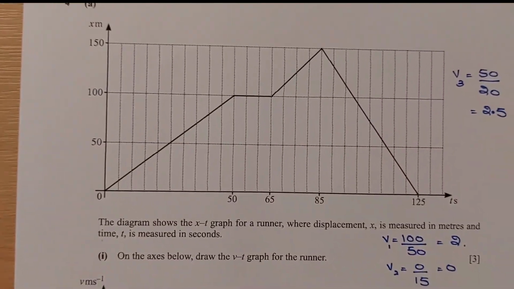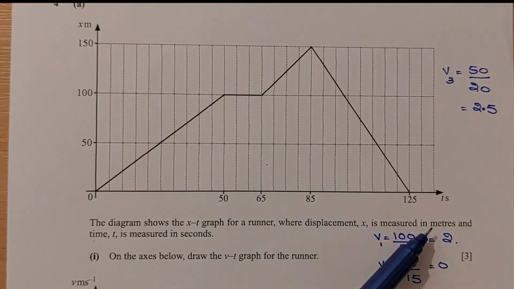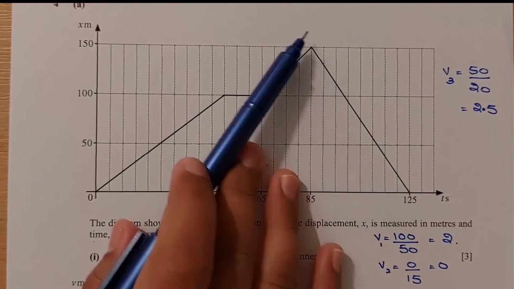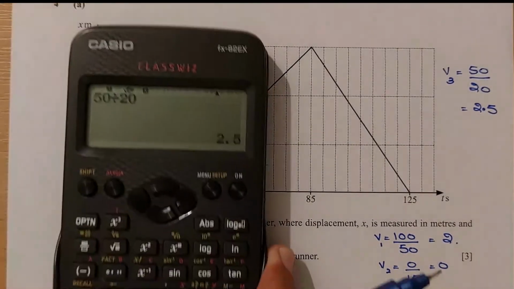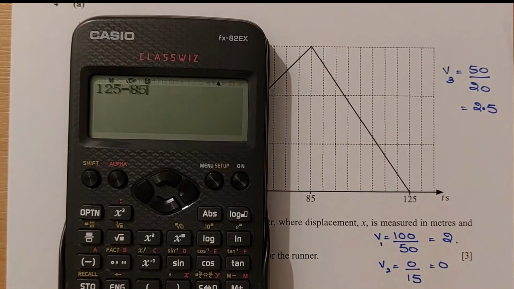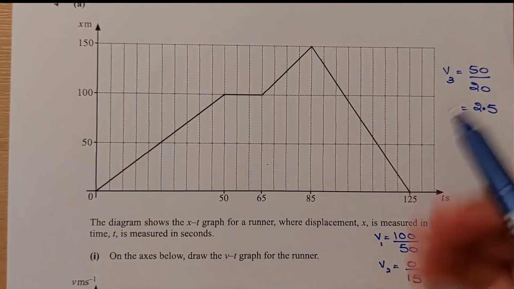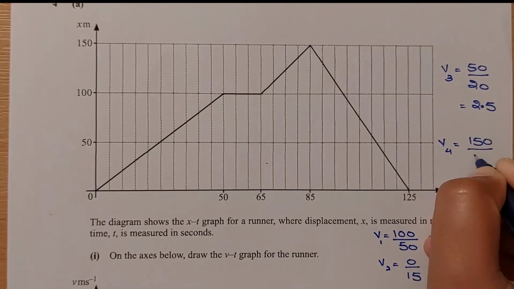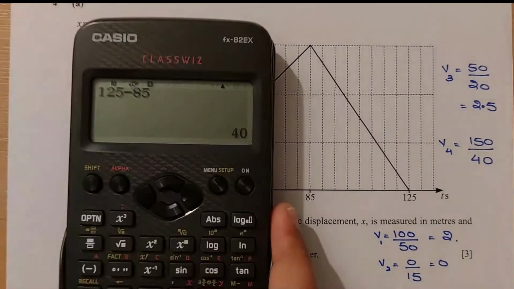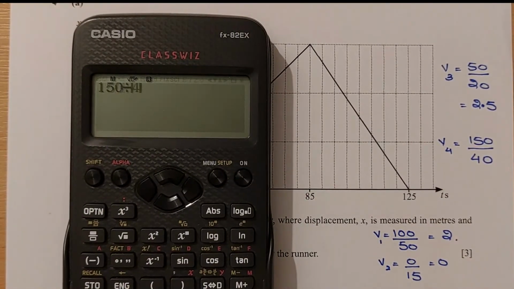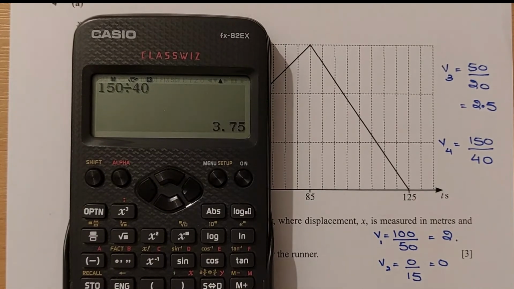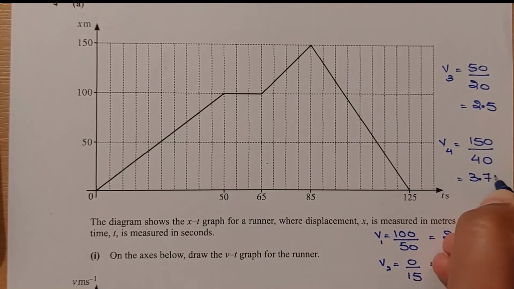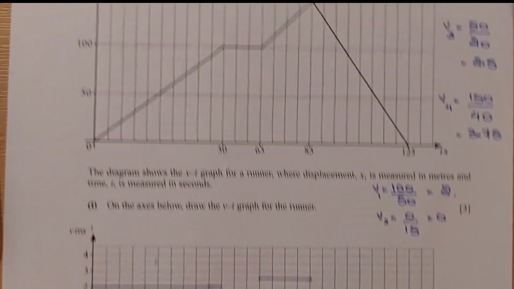Okay, now the last is downward. So from 85 to 125, the displacement is again 150, the total 150. So 125 minus 85, the time is 40, right? So V4 is 150 divided by 40, which is equal to 3.75, right? 3.75 between 85 to 125.